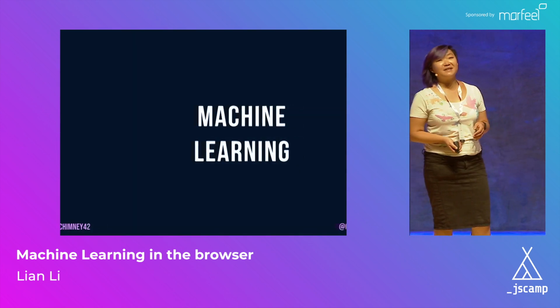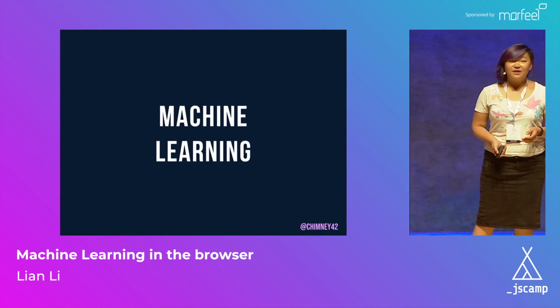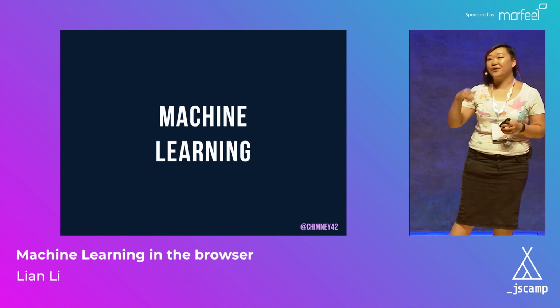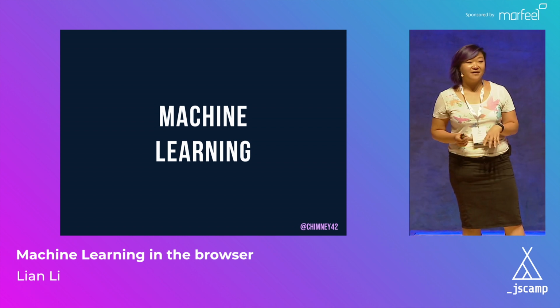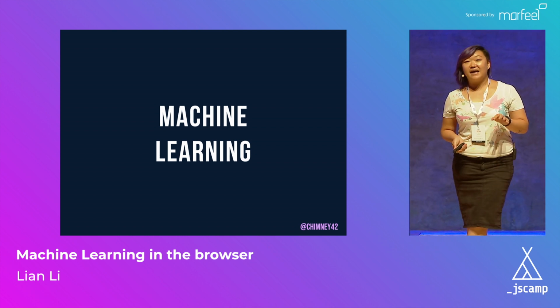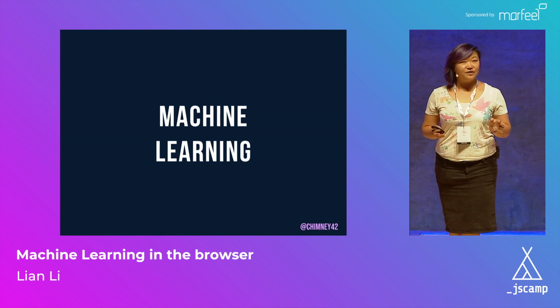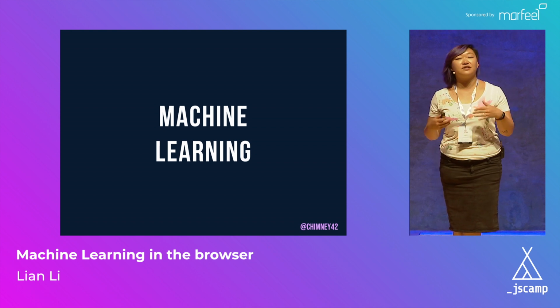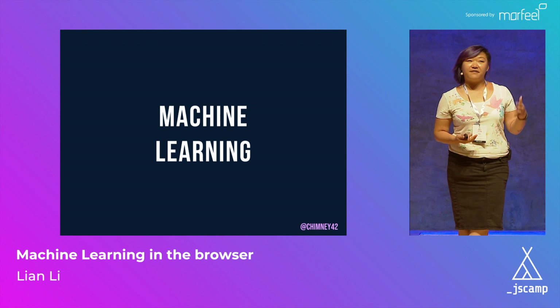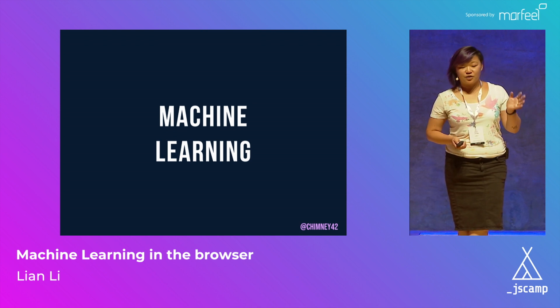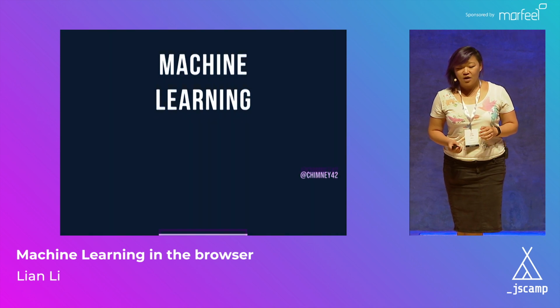Let's talk about the more interesting thing. Let's talk about machine learning. So I guess most of you have already heard that there's this thing that's called machine learning. And maybe some of you already kind of know what it means, how it's going to change our way of thinking, of approaching problems. I just want to give you a short overview.